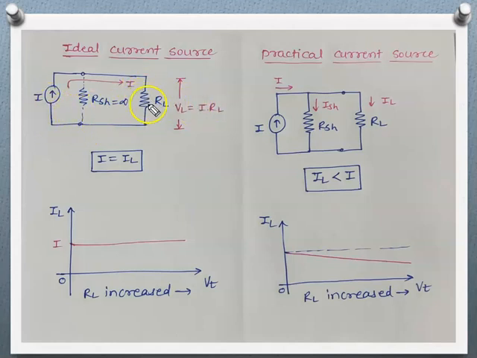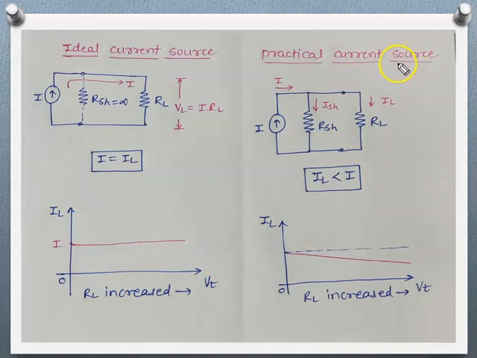This is the load resistance. So voltage across load will be I into RL. When the load is connected to the ideal current source, the load current is always equal to the source current. Even when there is a change in load, the load current is always equal to the source current.